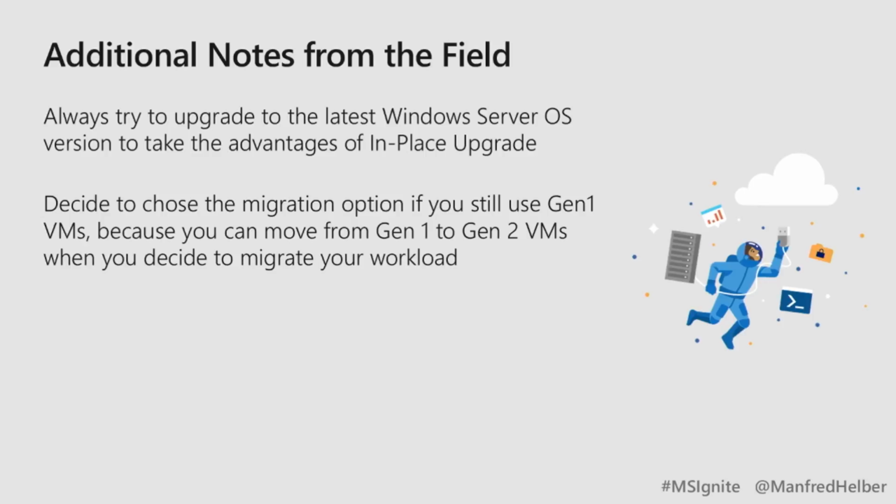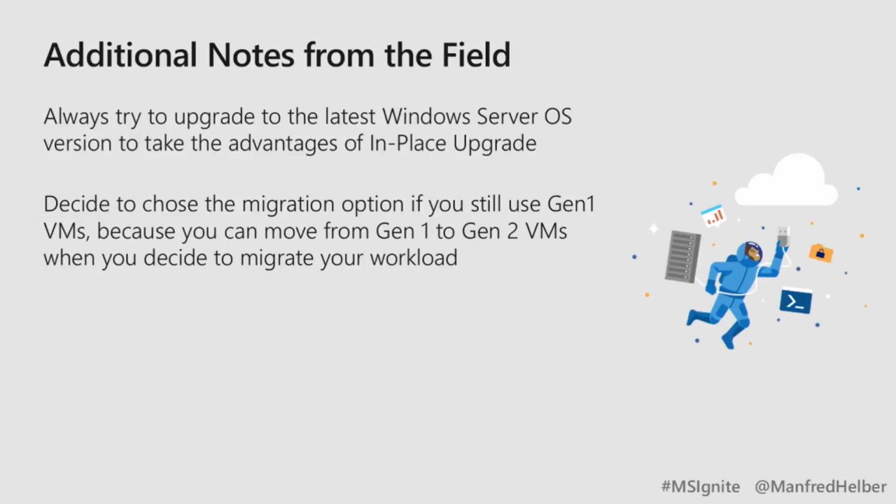If you use Hyper-V and you're still on Generation 1 virtual machines, you should think about migration instead of upgrade, to be able to switch from the Generation 1 VM to the Generation 2 virtual machine, because Generation 2 has a lot of advantages.